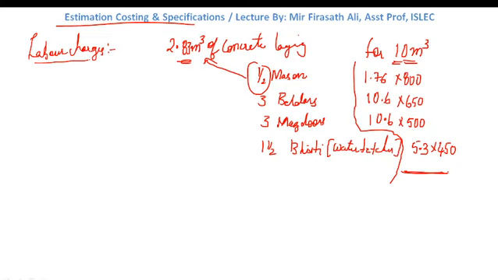The total cost of the labor: if we multiply all this, 1.76 into 800 plus 10.6 into 650 rupees plus 10.6 into 500 rupees plus 5.3 into 450 rupees.